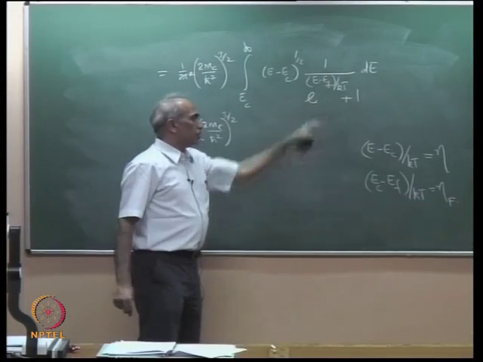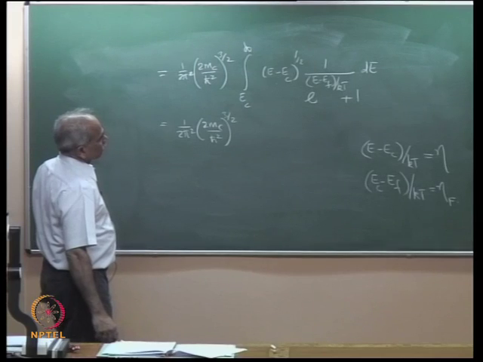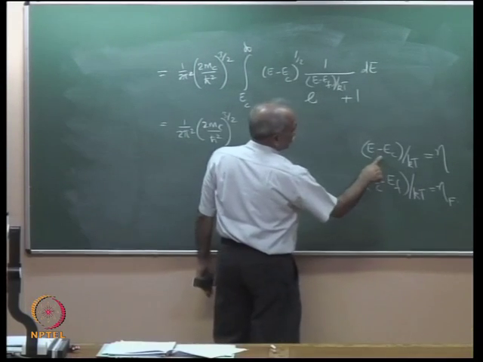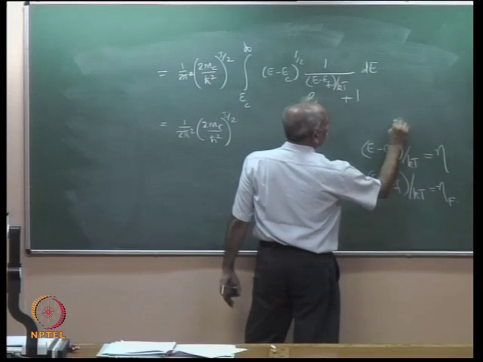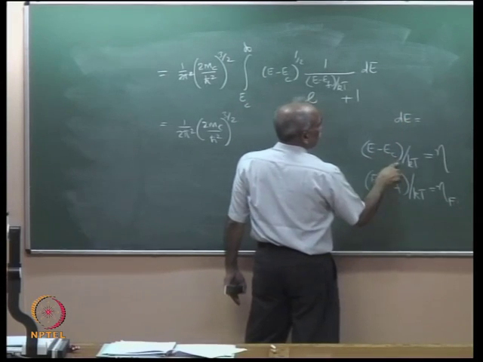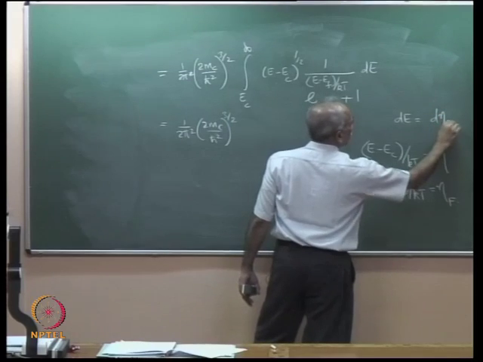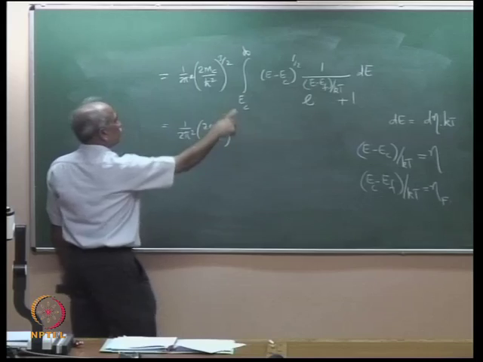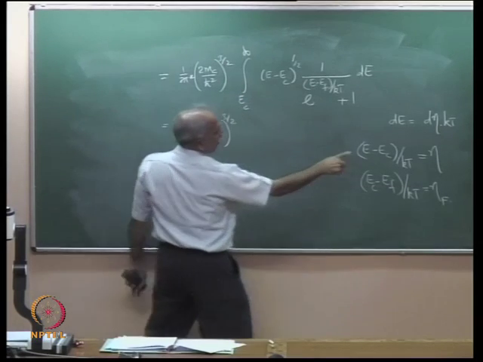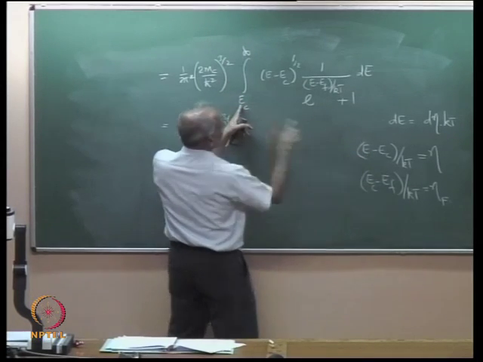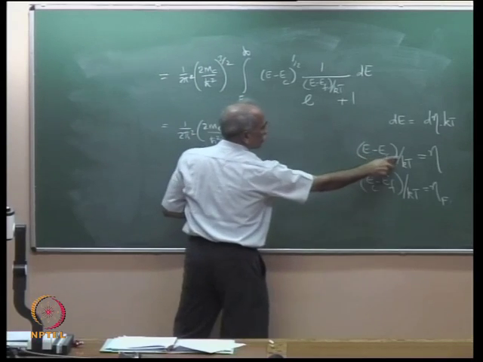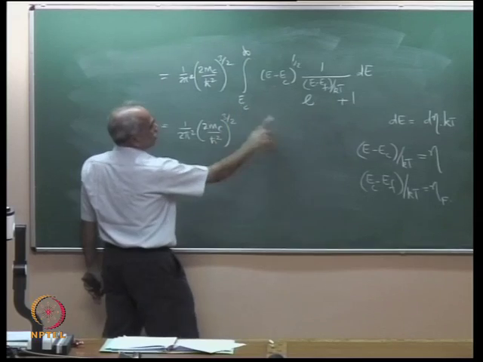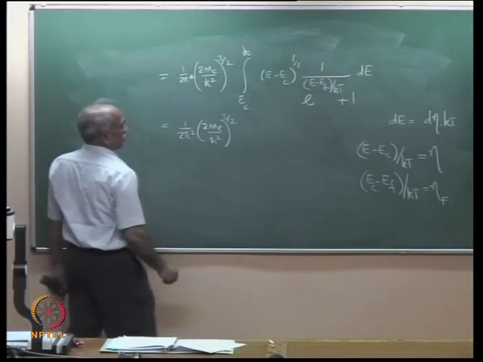This gives dE equal to d eta into kT, and substitute in the expression. Further, when E is equal to EC, eta is 0, so the lower limit is 0, and when E is equal to infinity, it still remains infinity.